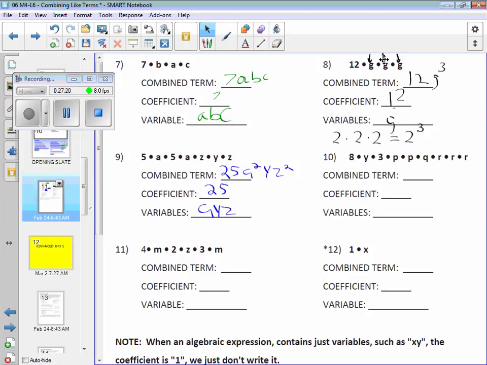All right, last one for today, for this period, number 10. Go ahead, Brando. Go for it. It's a long one.